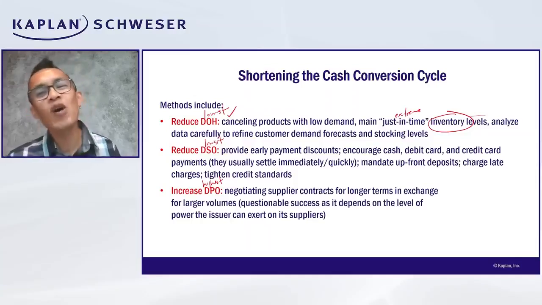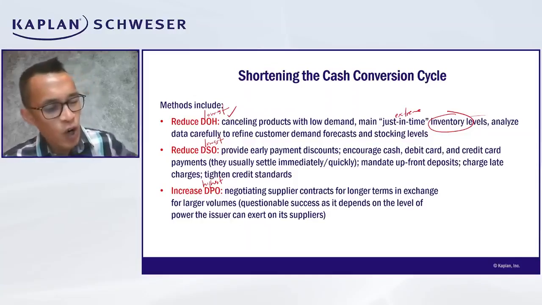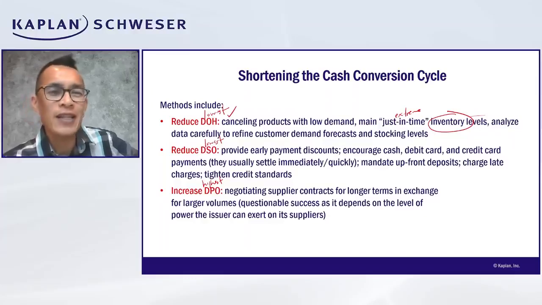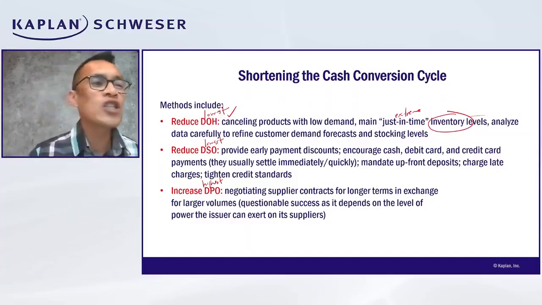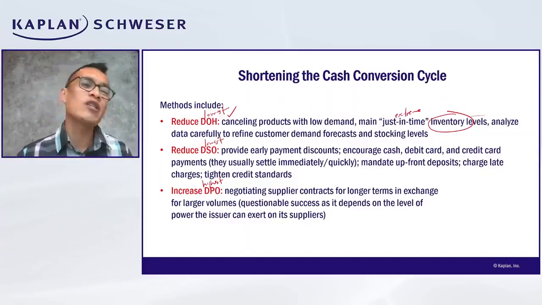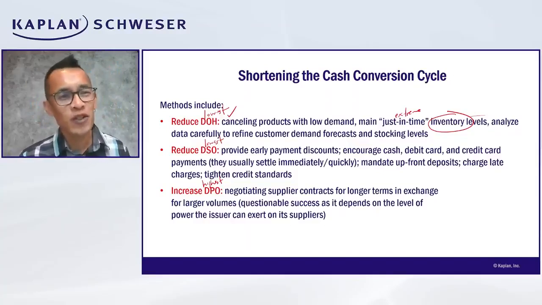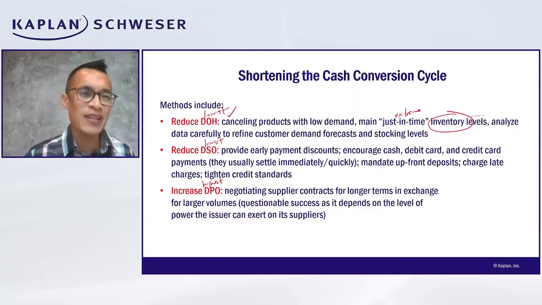Or maybe somewhere in the middle here where you do a careful analysis of inventory to optimize or reduce what needs to be kept on hand based on customer demand, right? You want to avoid stockouts, but at the same time you don't want to carry too much inventory. Okay, so it's kind of a fine balance there.